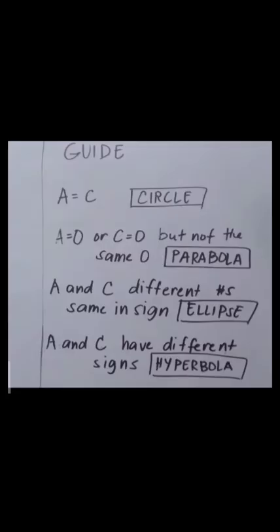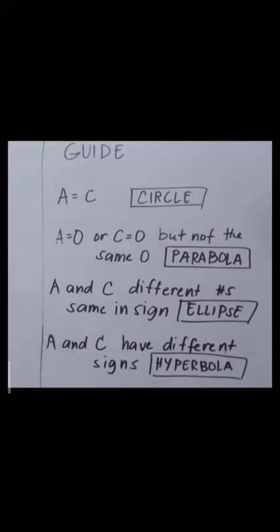So the first thing that we should notice here is the existence of A and C, because if one of them is missing, or A is equal to 0 or C is equal to 0, automatically that equation forms a parabola. Next, we have to notice if A is equal to C, meaning not only in number but also in sign.